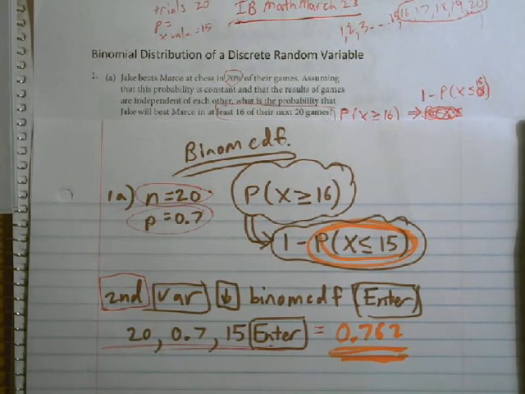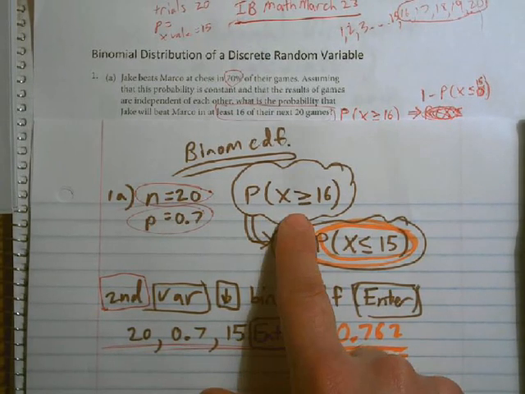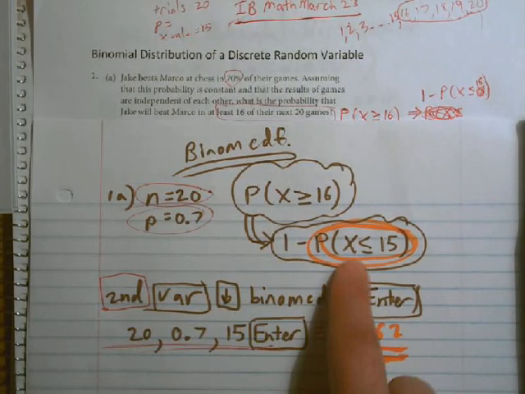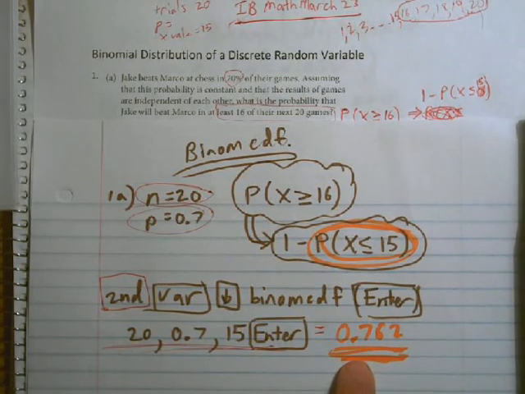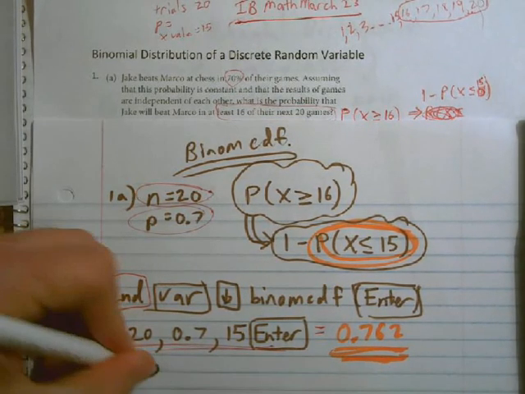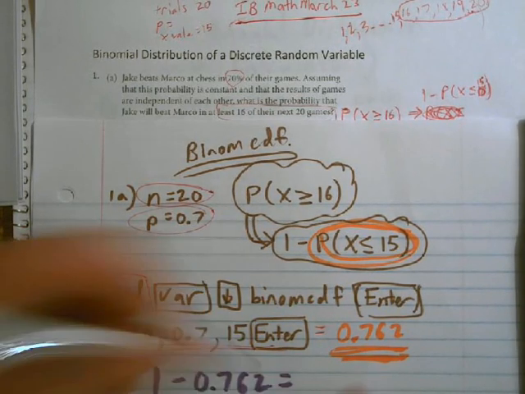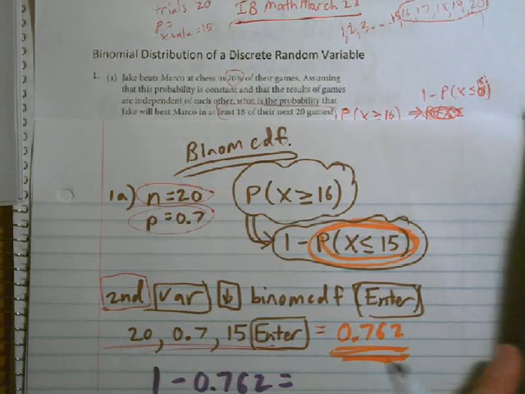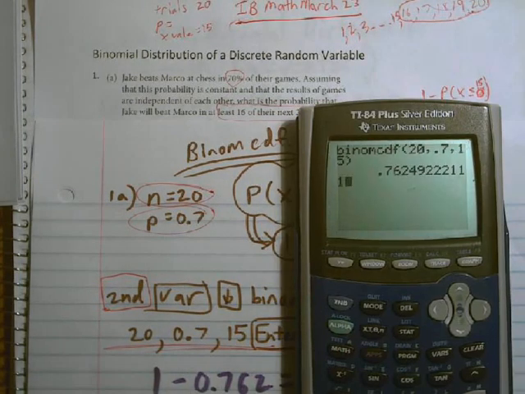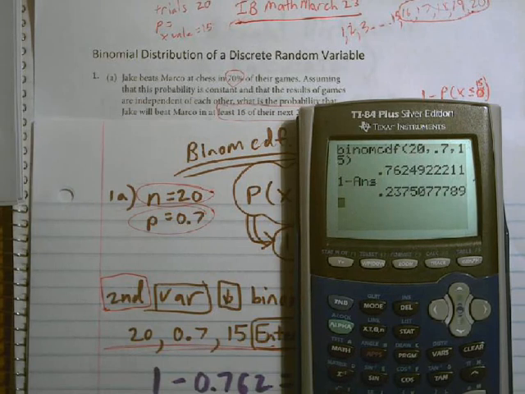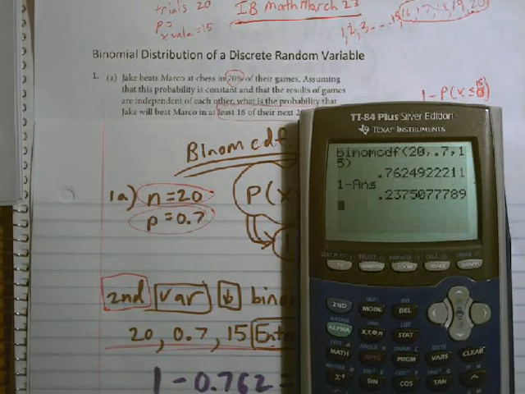Now, the probability of getting 16 or greater is 1 minus this value. So if I do 1 minus 0.762, that's going to give me 0.2375.